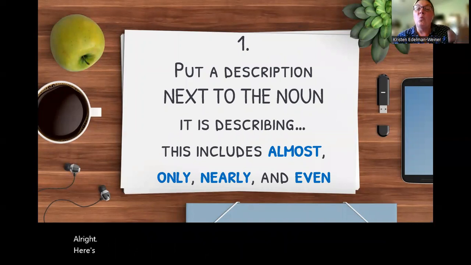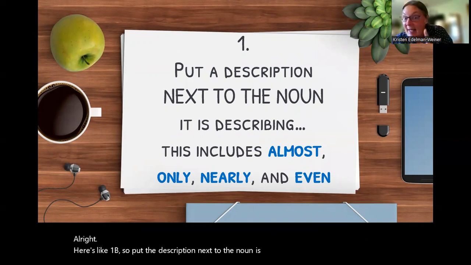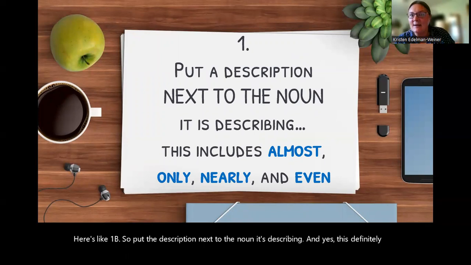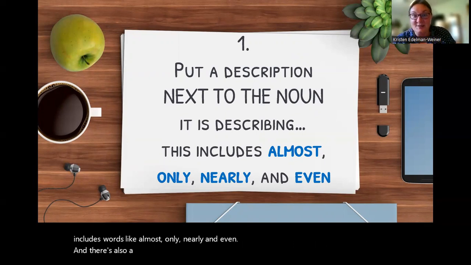Here's like 1B. So put the description next to the noun it's describing. And yes, this definitely includes words like almost, only, nearly, and even. And there's also a few more out there as well. Let me show you what I mean.